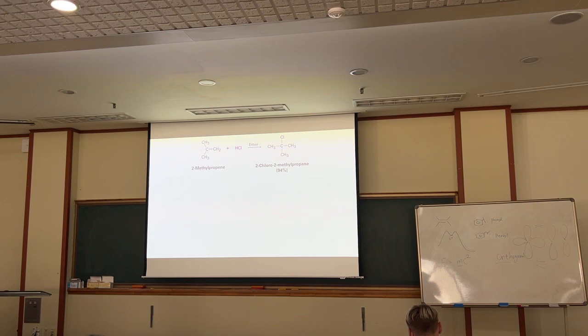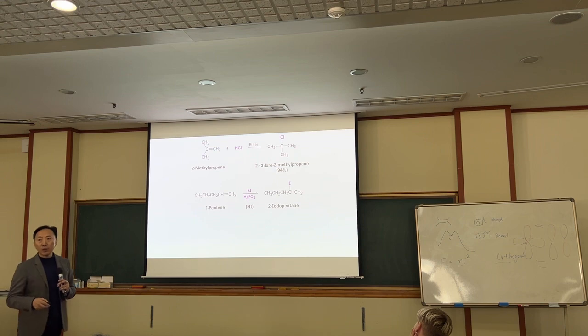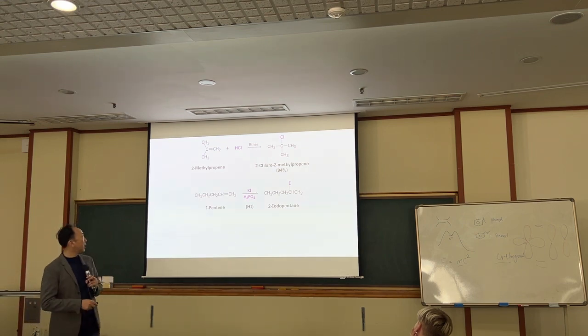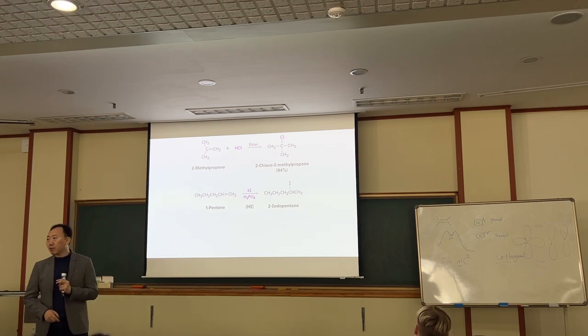If you look at the specific reaction with methylpropene and HCl, they add together: H is added here first, and then Cl comes back and attacks. HCl itself is an acid, and it has chloride, which later comes back as a nucleophile, combining with the carbocation.